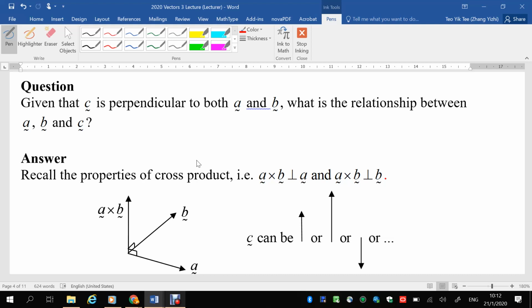Theory: a cross product produces a vector that's concurrently perpendicular to two other vectors at the same time, right? So if C is perpendicular to both A and B, it implies that A cross B is parallel to C. Make sense? So that's what the question is asking you to infer.